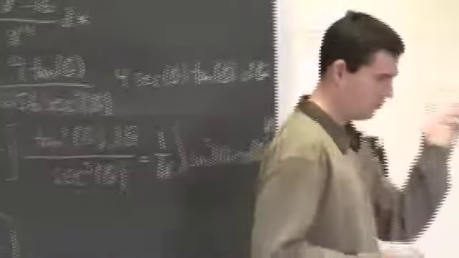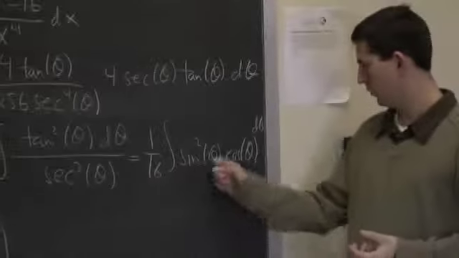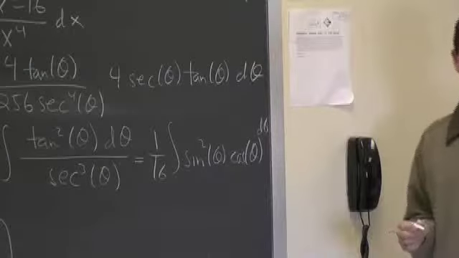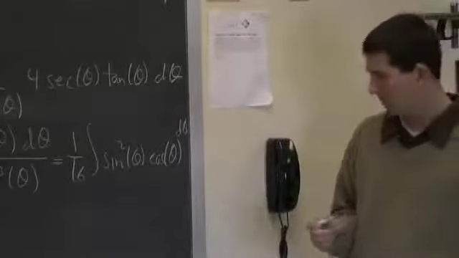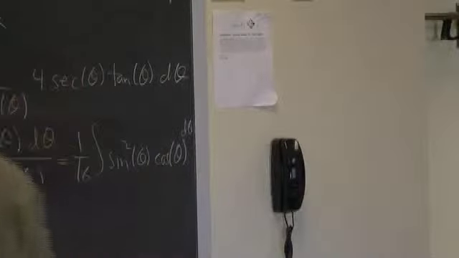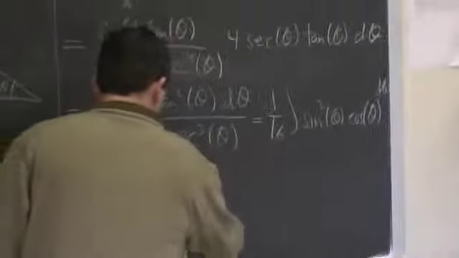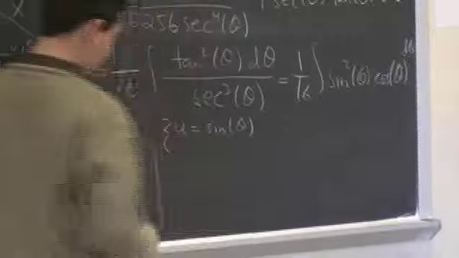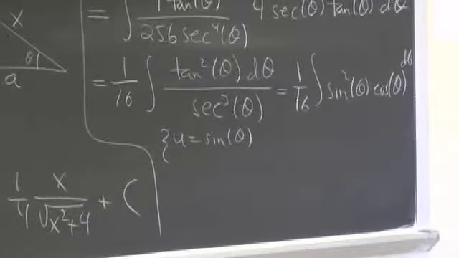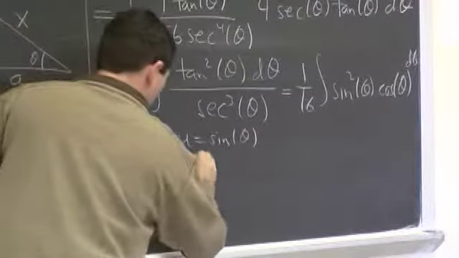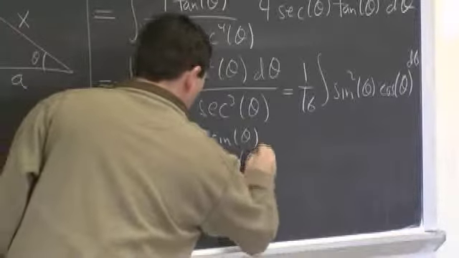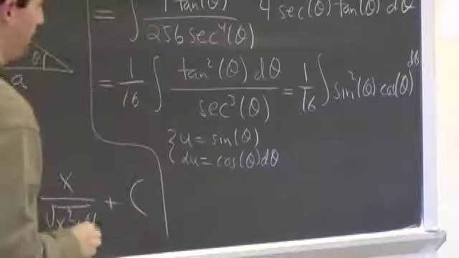So remember, you usually want to do your U substitution where you have the composition of functions. So what should be my U? Sine theta. Okay, so we'll try that. We'll try U equals sine theta. And of course, if we do U equals sine theta, then du is cosine theta d theta.